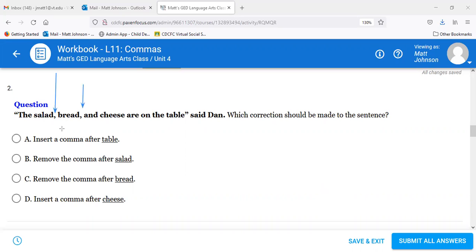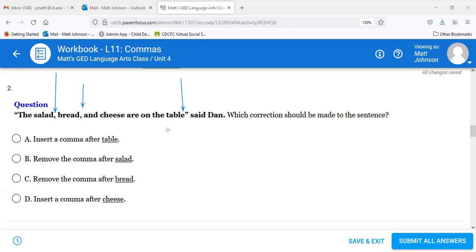No, we want to keep these two, the salad, bread, and cheese. That's correct, because those are things in a series. And put the comma after cheese. We're good there too. In this case, we want it after table. Oh, so I had it right the first time. Yeah, because it's a quotation.